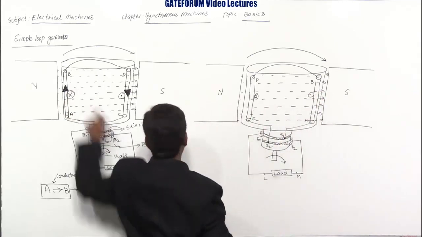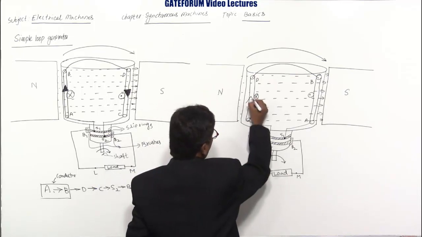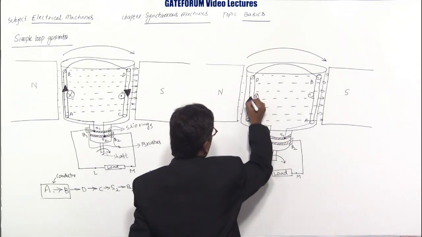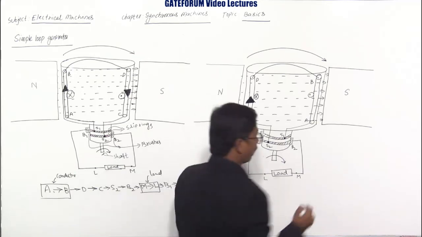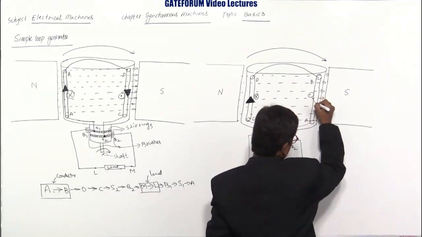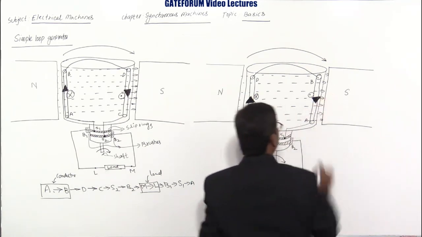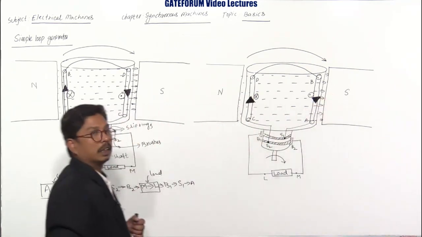We have given the cross in the upward direction, and the dot in the downward direction.